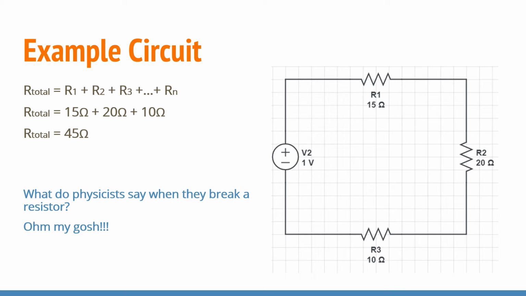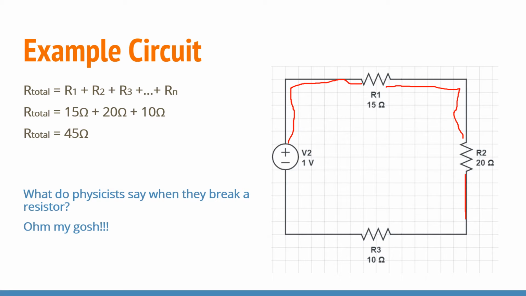We'll see as we look at the positive terminal of the battery and we follow the flow of current, the current will go up and it will pass through this first resistor. And then later on in the circuit, it will pass through another resistor. That means these resistors are along the same pathway.